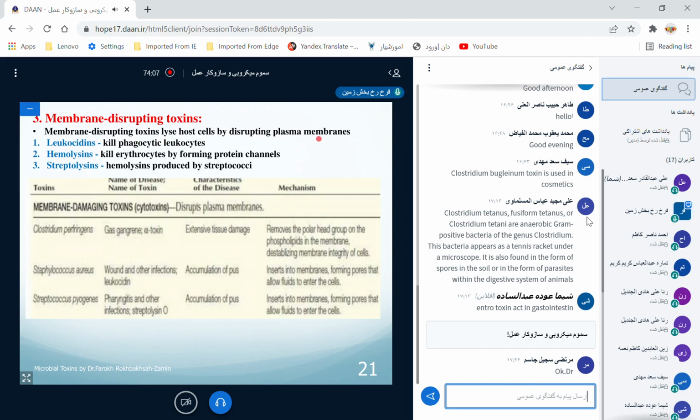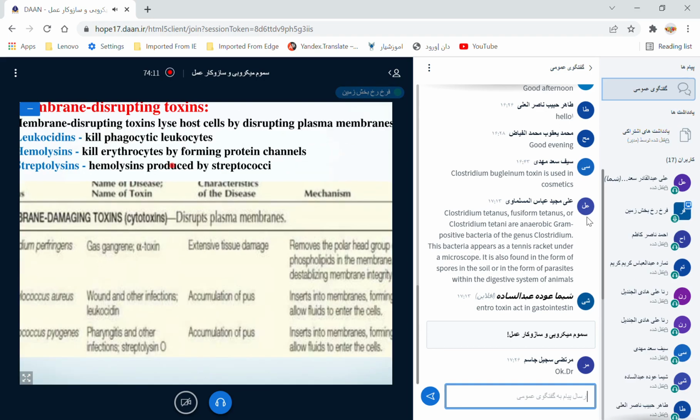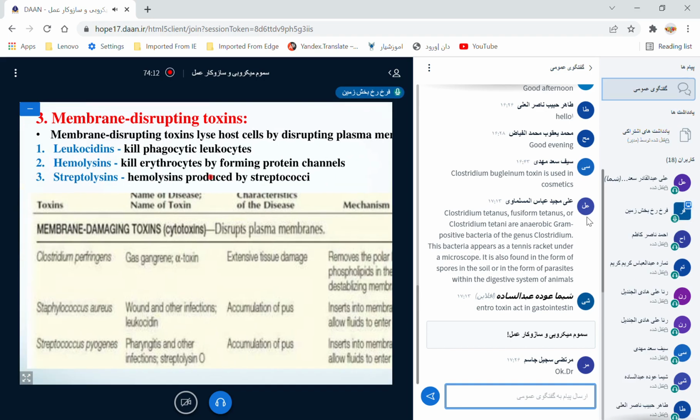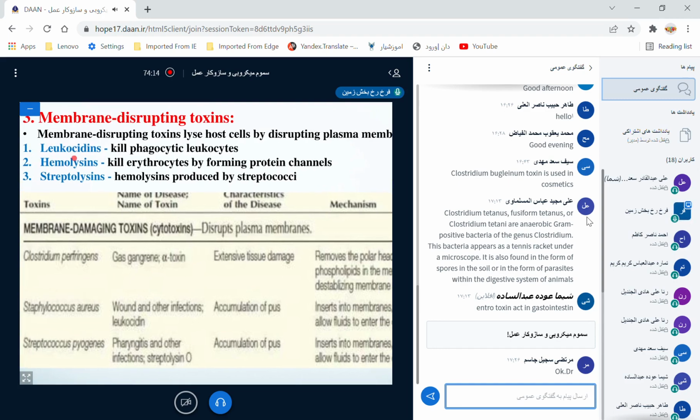Like what? Like leukocidins. What is leukocidin? As its name shows, this toxin is effective on leukocytes. Leukocytes are white blood cells, defensive cells.